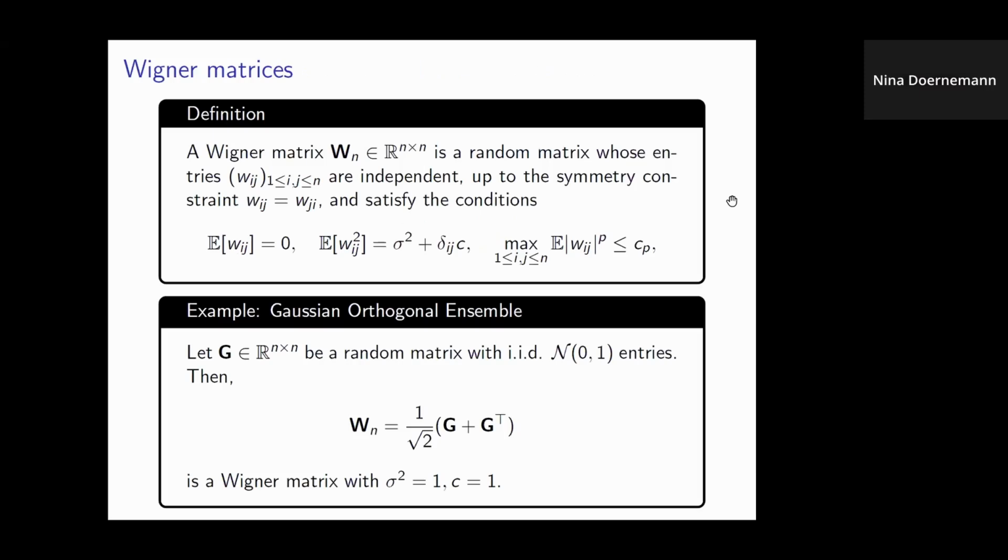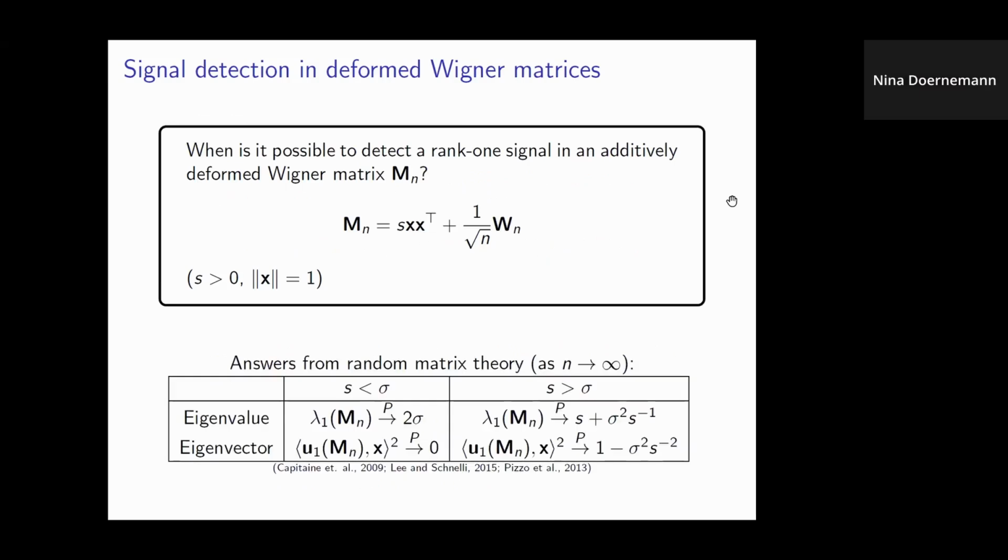So sigma, the term in the variance of the Wigner matrix, will be this critical threshold. If the signal strength is below this critical threshold, then essentially you cannot detect s by looking at the spectrum, because the largest eigenvalue of this deformed Wigner matrix will converge to something that is independent of s.